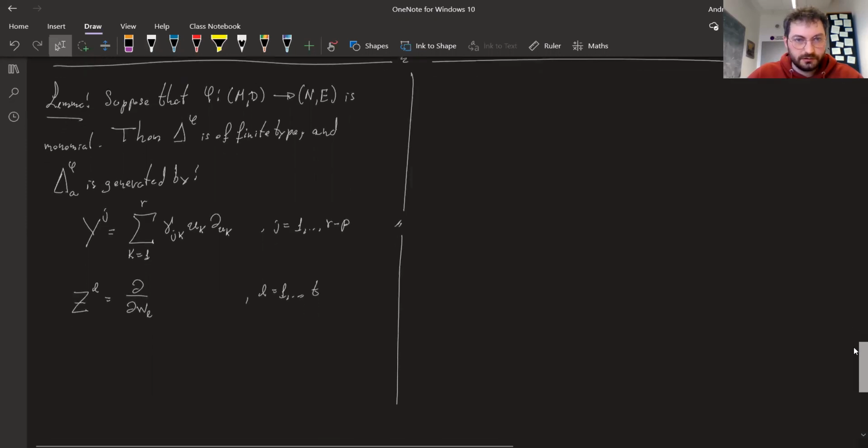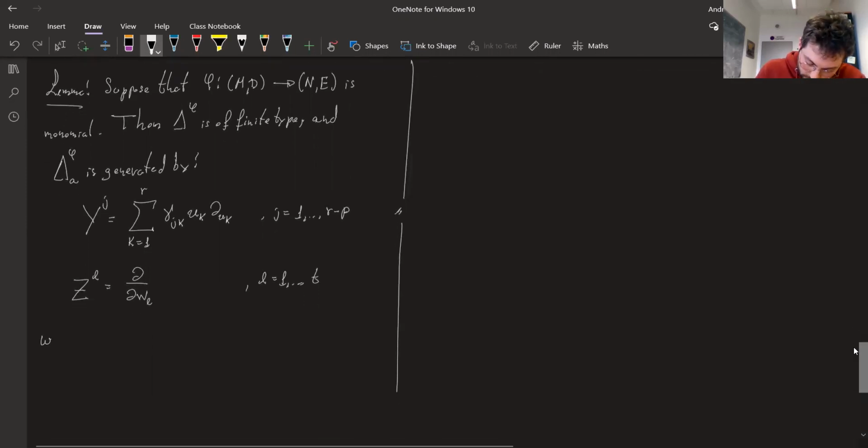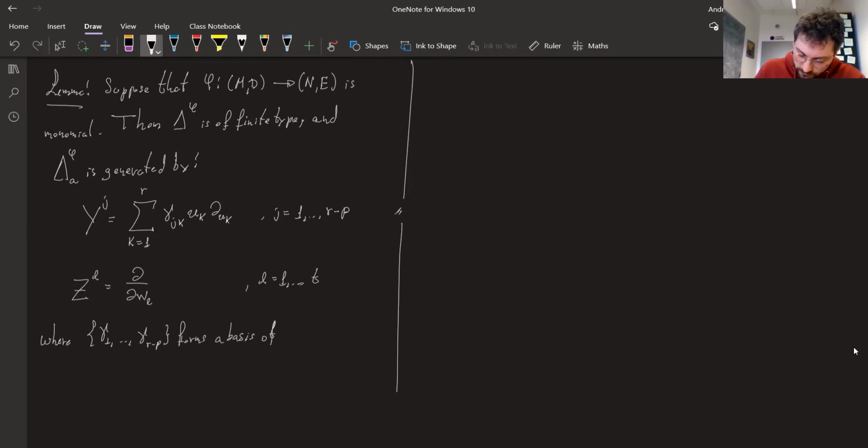And we can even say a little bit more so that we're a little bit more precise about this, where the collection of all of these gammas, 1 to r minus p, forms a basis of the orthogonal complement of alpha 1 to alpha p.